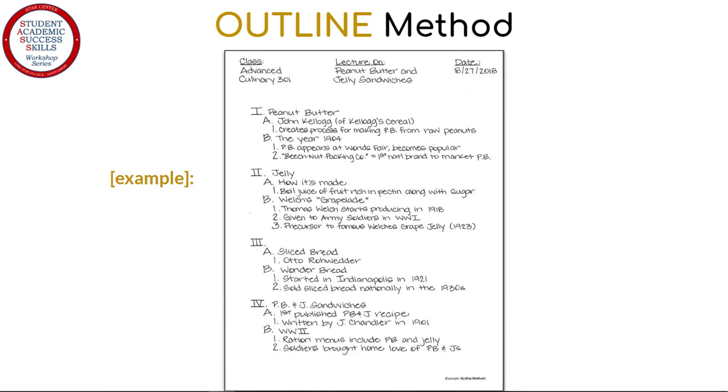As you can see on the screen or on your handout, there are 4 major points to this lecture: peanut butter, jelly, sliced bread, and PB&J sandwiches. Beneath each major point are details indented to the right and subdetails indented even further to the right, all related to the major point they are under.